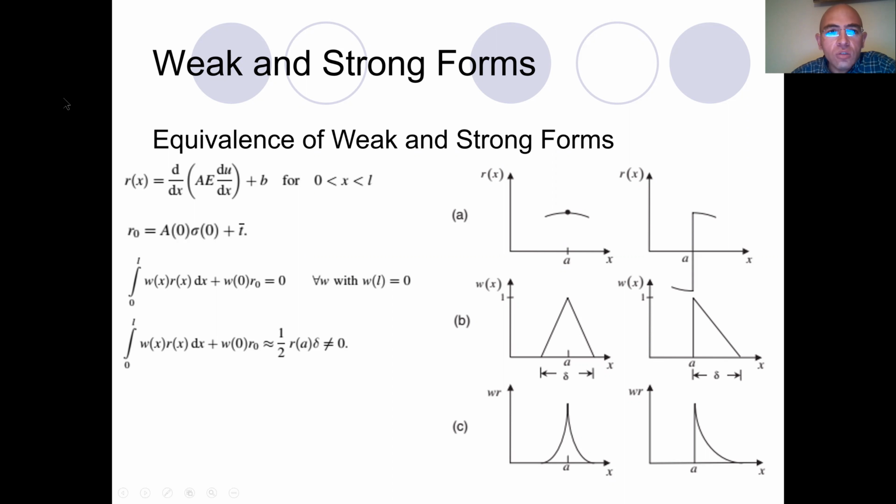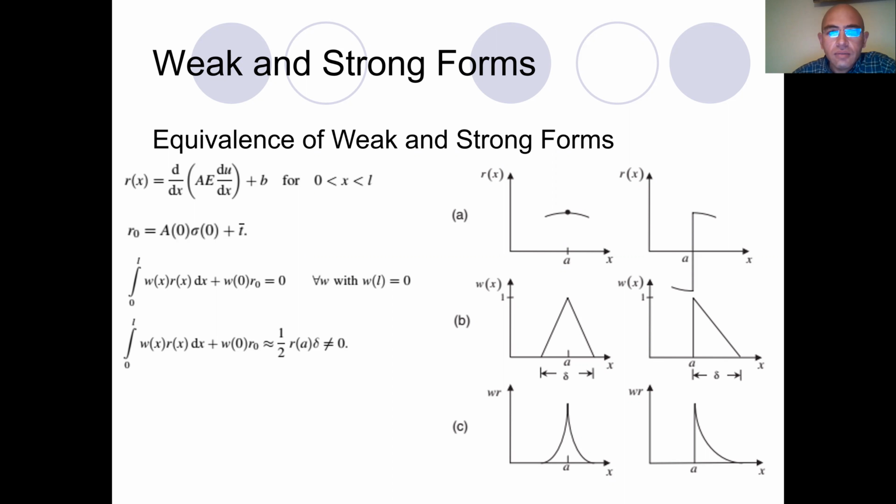Here, R is called the residue. Okay, it's the residue. At the traction boundary, again, I can define a residue, R0, which is A0 sigma 0 plus T. This is what I define.